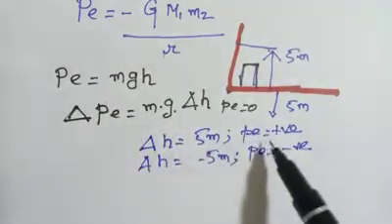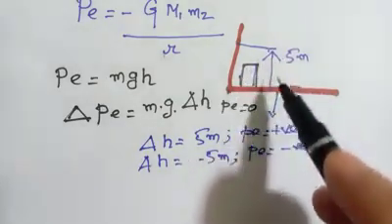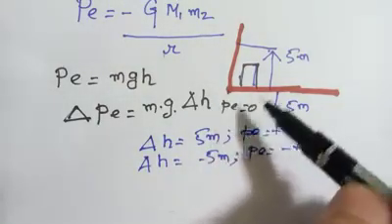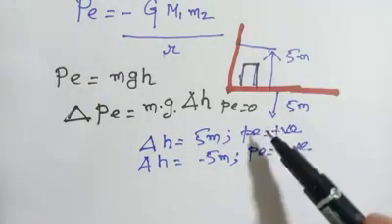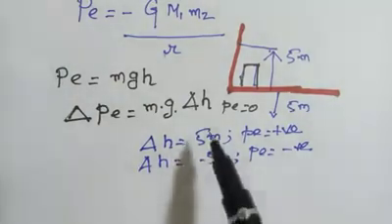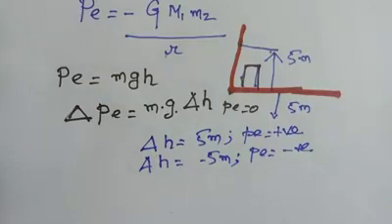Change in height leads to change in potential energy. When it moves up, it has got a positive height change, so it would lead to positive potential energy, and when it comes down, it would lead to negative potential energy, right? So this is one part which shows how potential energy changes with the change in height.